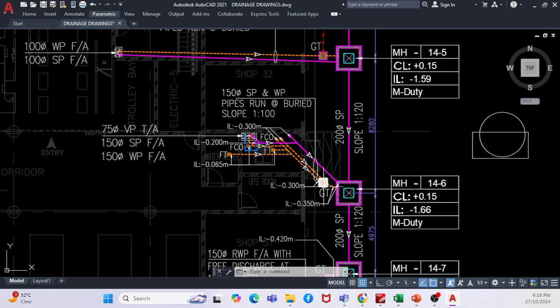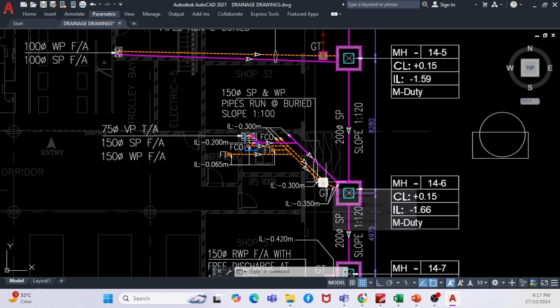Say, here you can see there is one accessory called a gully trap. Whatever the waste pipes, they will go to the gully trap, then again to the manhole. What is the purpose of the gully trap? Say, for example, we are using floor drains. We will put some waste paper or some dust or whatever waste particles, and it will be collected at the gully trap and can be filtered.